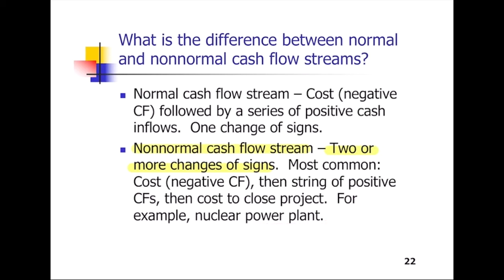When you invest in a nuclear power plant, at the end there is a large cost of recycling plutonium, right? So it needs a large cost when you close the project. So if you have a non-normal cash flow stream, you cannot use the IRR method.